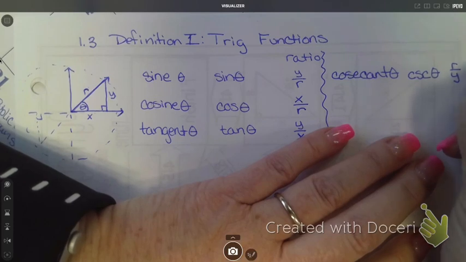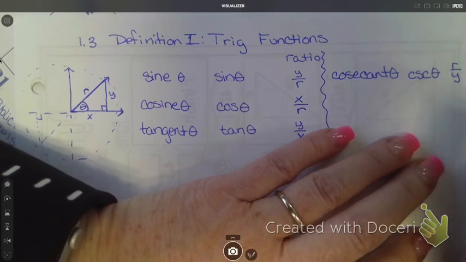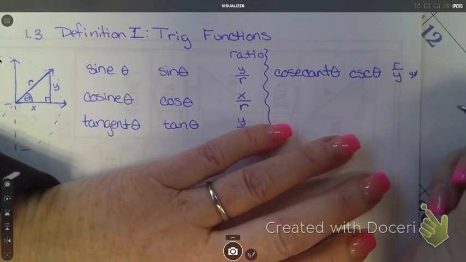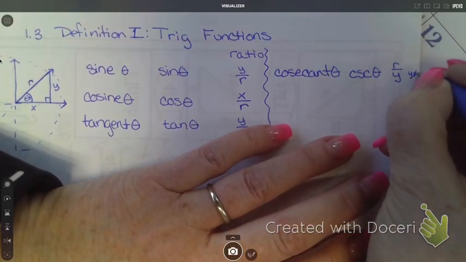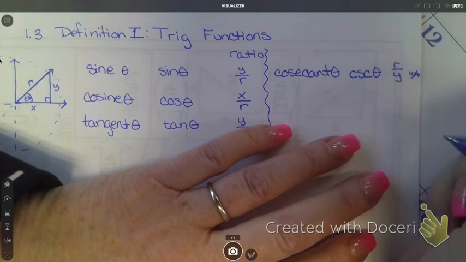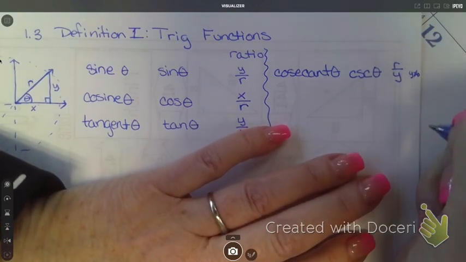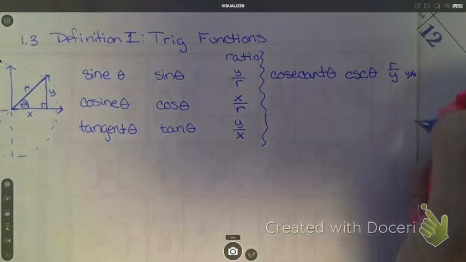And y cannot equal what? What can't y equal? 0. Why not?